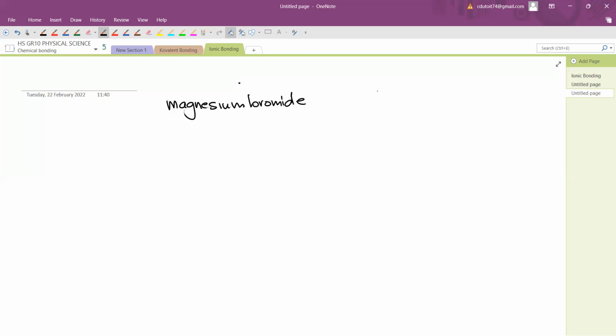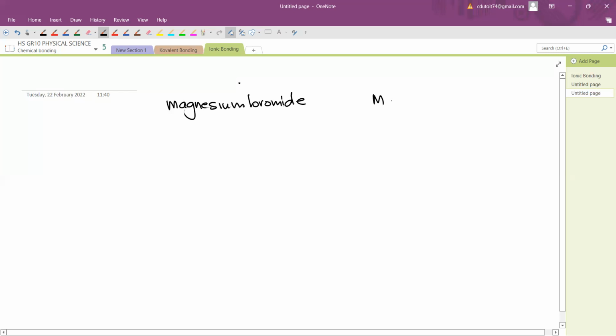Okay, help me. Mg, what? Mg with a positive power, positive 2. No, it's a negative. Okay, what's the result? MgBr2. Do you have that? Yes. Okay, good.